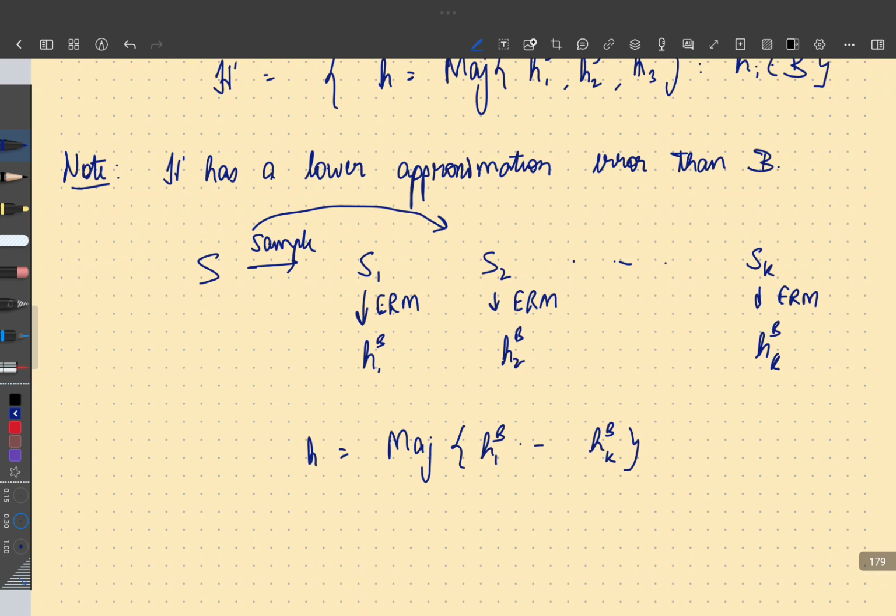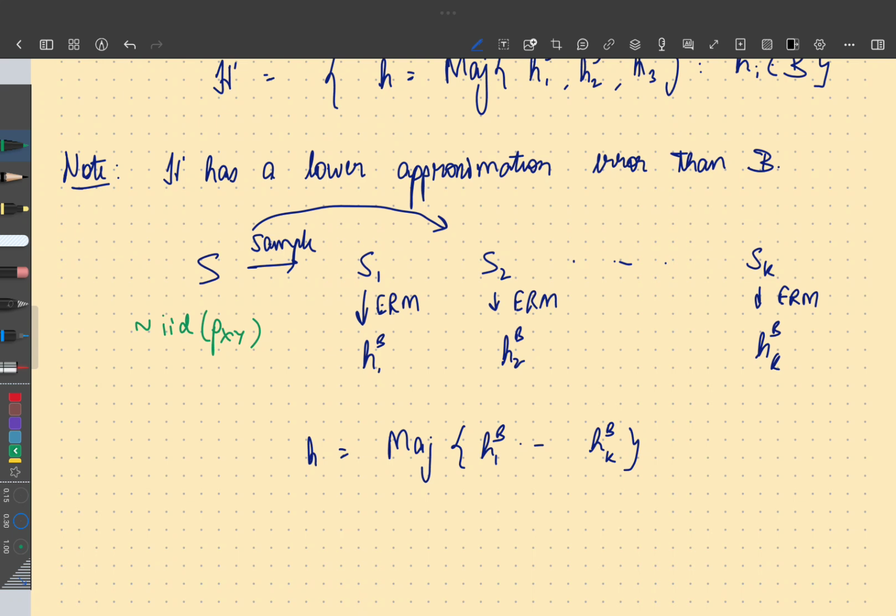Because now the data sets S1, S2 up to Sk are not distributed according to the original distribution anymore, right? Remember that S, the original data set, has points that are IID, say PXY.